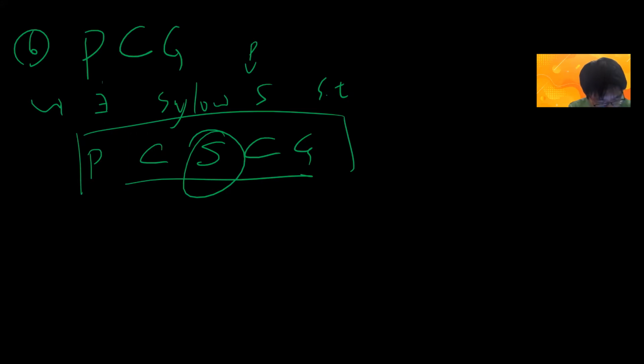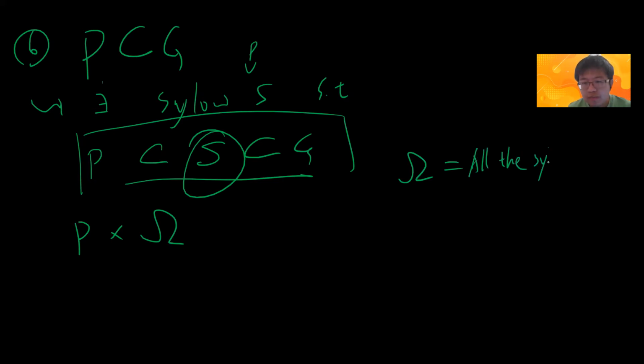Okay, so let's consider this P acting on all the Sylow groups. So omega is all the Sylow groups. Any element P here I just map a subgroup S to P S P inverse.